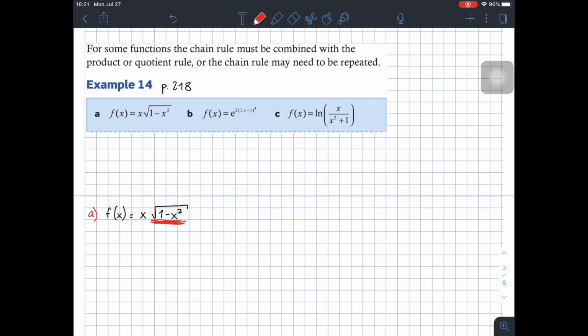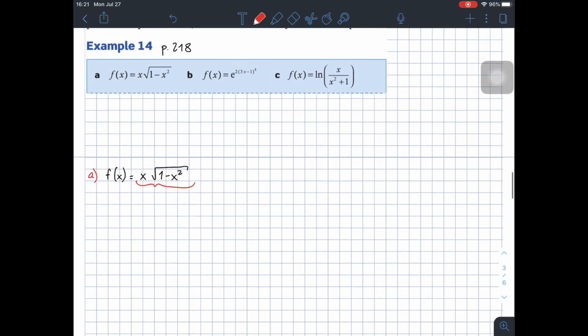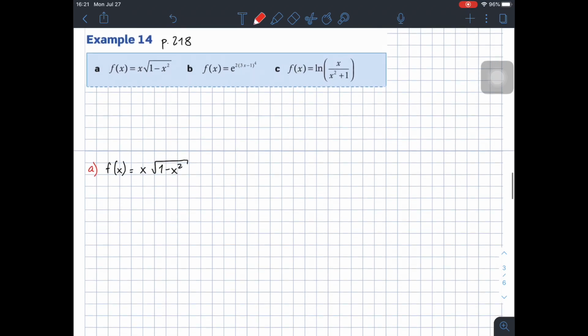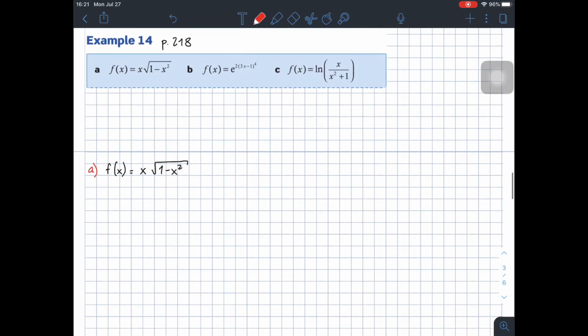But besides that function, we have this function x, which is being multiplied to the square root function, right? So to solve this one, I will have to apply chain rule, but then to solve all of this, I will need to apply product rule, okay? So it becomes a little bit more long in this case, but the process is exactly the same. So let's see.